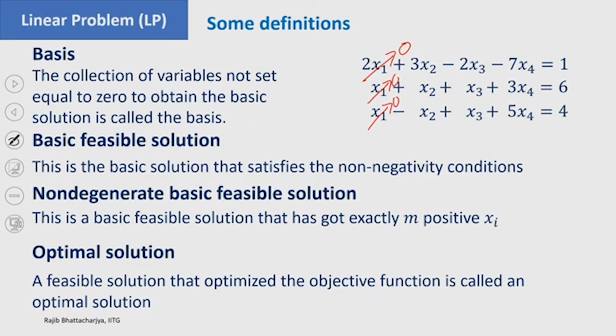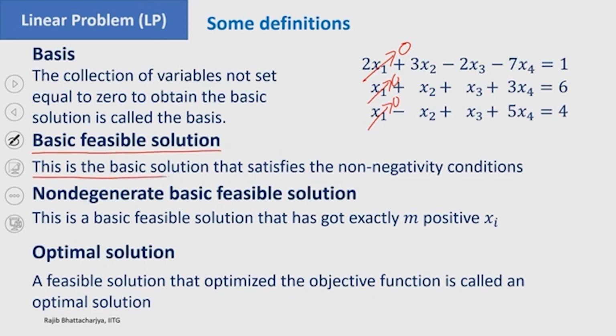Therefore, x2, x3 and x4 will be in the basis, the collection of variables not set equal to 0. So, in this case x2, x3 and x4, in the earlier case it was x1, x2 and x3. They are in the basis, or we can say these are the basic variables. Now, next is what is a basic feasible solution.